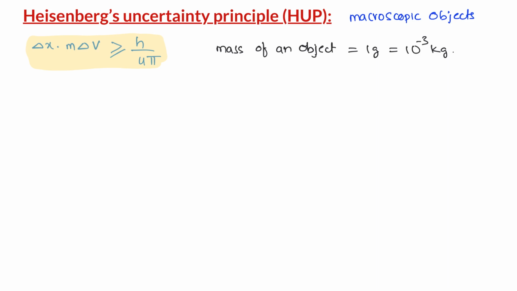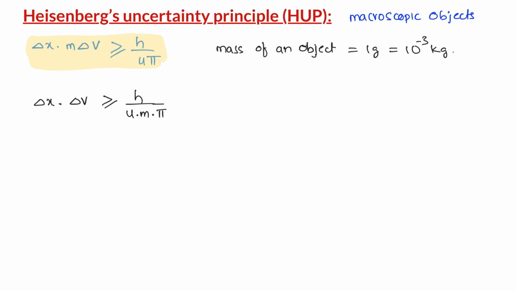Delta x times m delta v is greater than or equal to h over 4 pi. We can rearrange this equation and write delta x times delta v is greater than or equal to h over 4m pi.